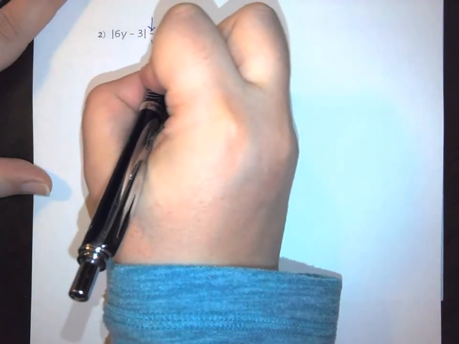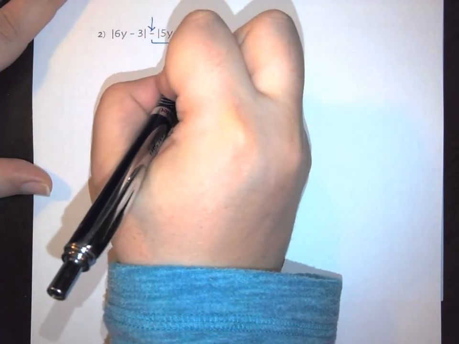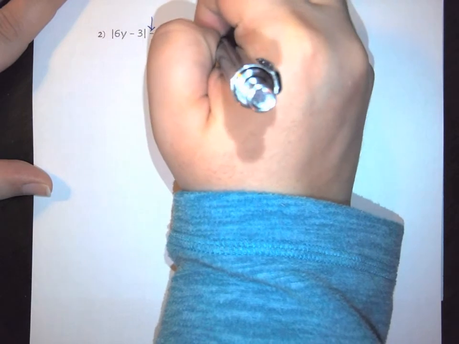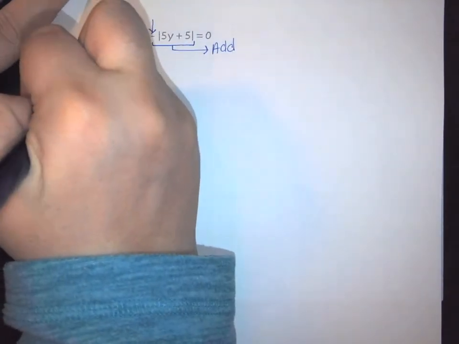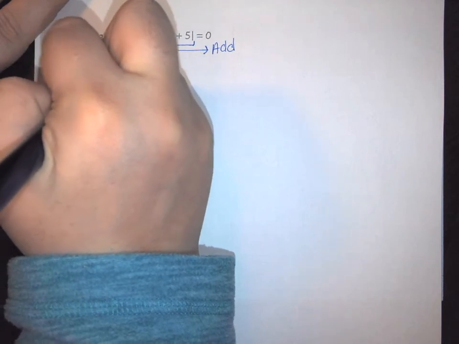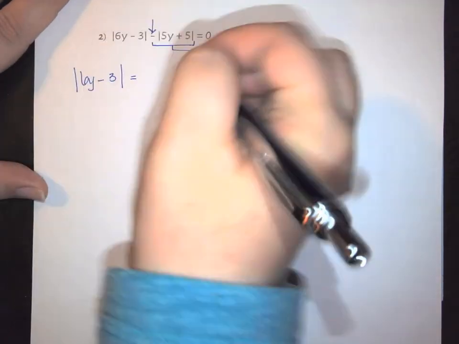So we're going to add this entire absolute value, this entire piece here, to the other side. So we're going to set ourselves up so that we have the absolute value of 6y minus 3 is equal to the absolute value of 5y plus 5.